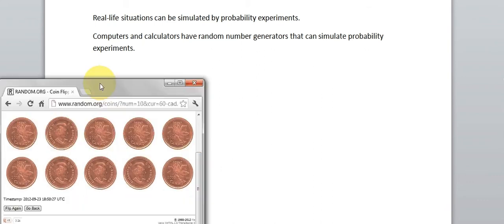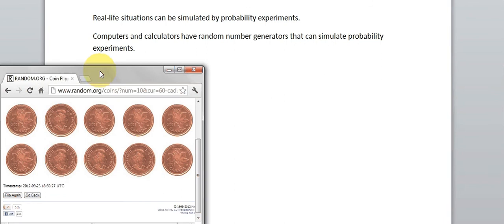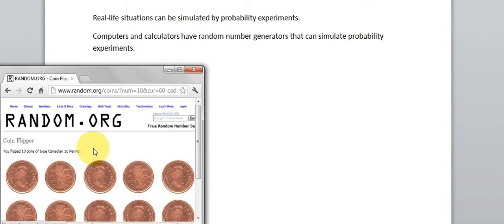Here I've got a website up that flips imaginary coins, and I'm going to flip 10 imaginary pennies, and the computer will completely randomly decide whether it will be heads or tails. 50% chance for each coin that it will be one or the other. And we're going to keep track of how many we get. With our first flip, we end up with 1, 2, 3, 4, 5, 6 heads.